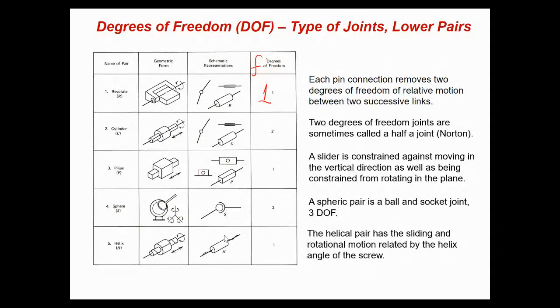This is helix. It is very similar to the cylinder, but the rotation and the translation are dependent on each other, so degree of freedom is 1. There is the so-called planar pair. This is not very much used, but it is there.